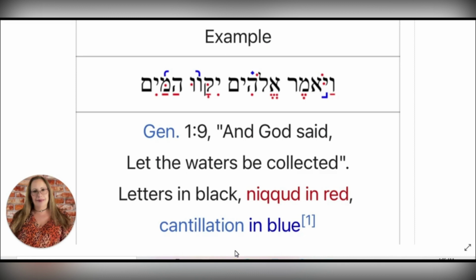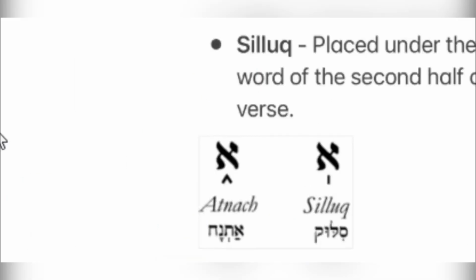The 2 most important to learn right now, that you can concentrate on, are 2 distinctive accent marks that are very, very helpful. The one that looks like a wishbone. Here it is. Okay.